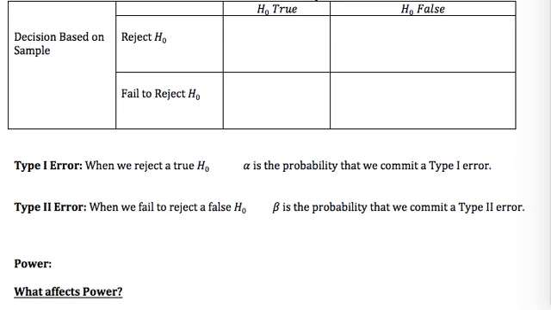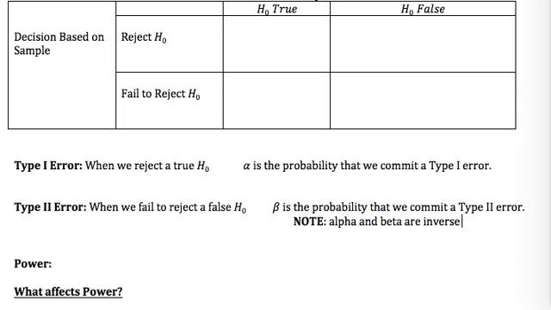The key to understand about these two things, I want to write just a note. One key to understand is that alpha and beta are, in fact, inverse quantities.